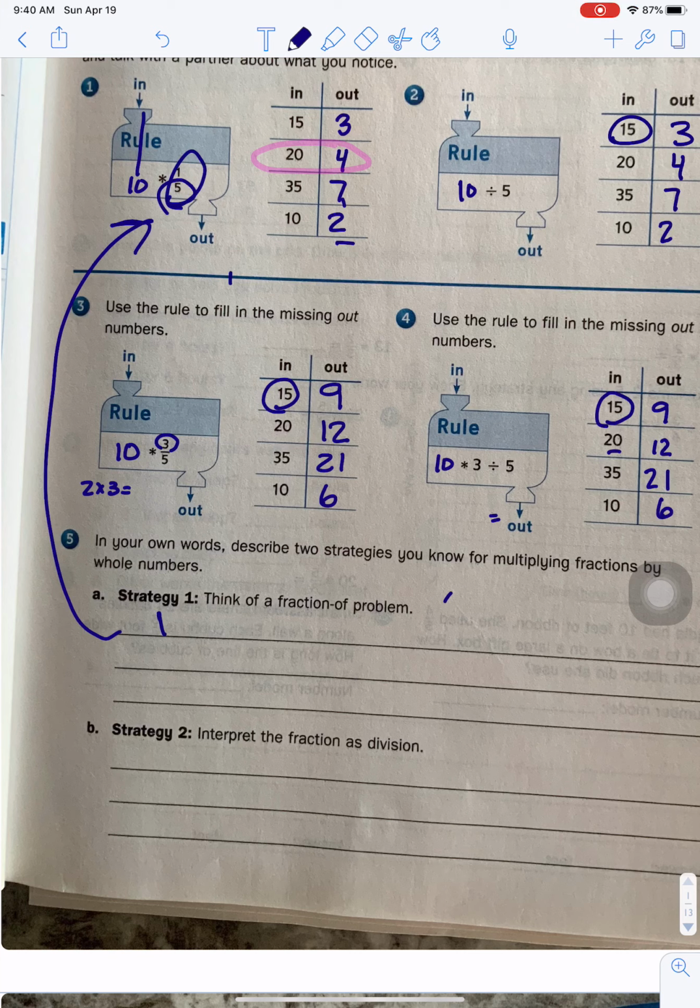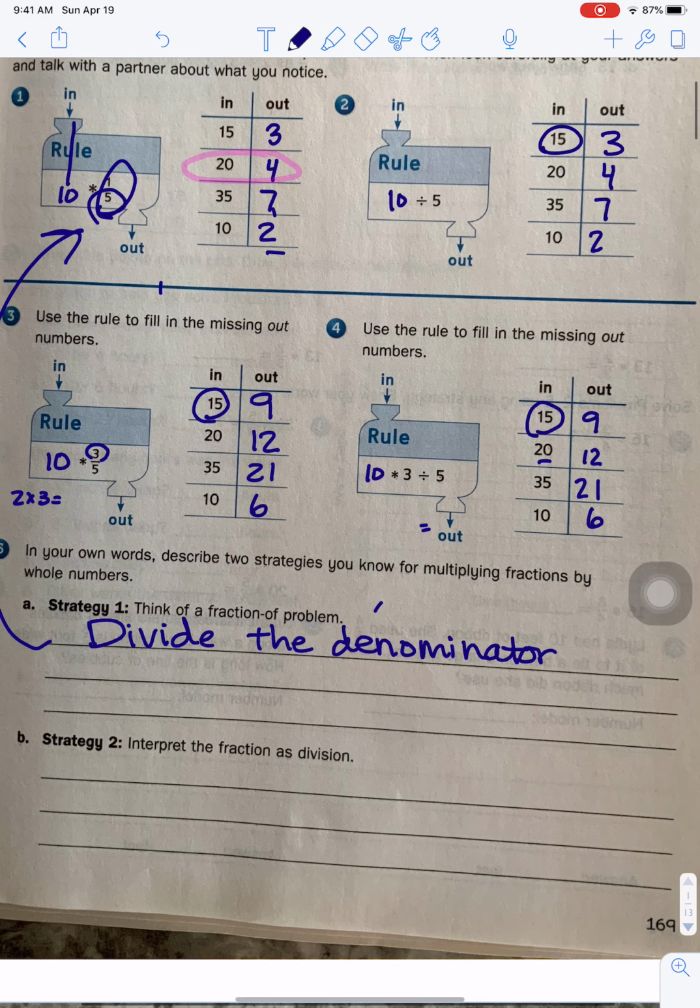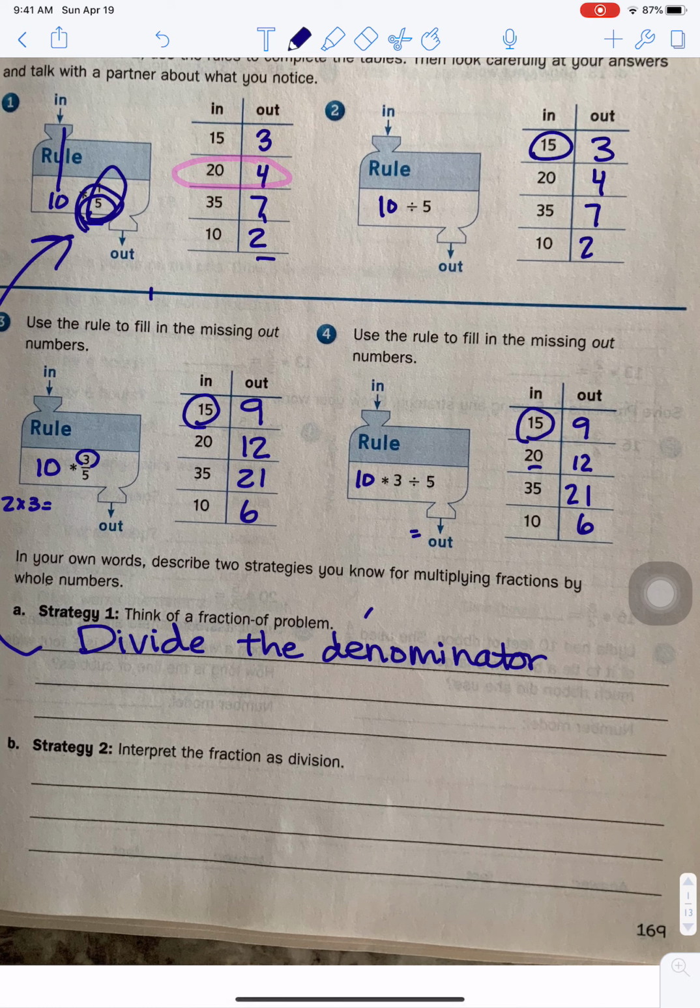So you can divide the denominator, and in this case the denominator, for example, is 5 up here. Actually, I should switch that around, sorry.